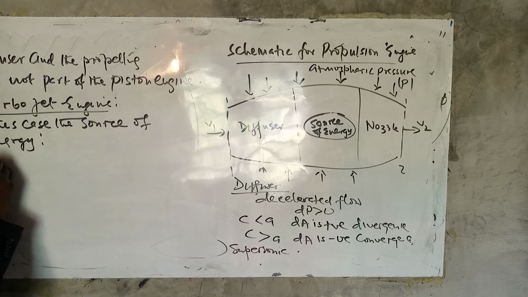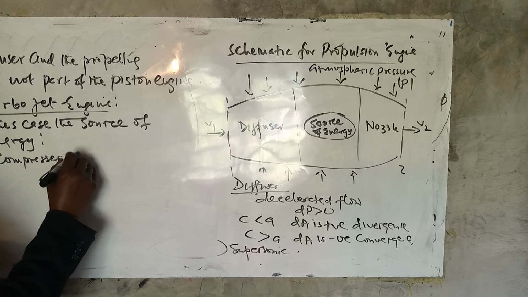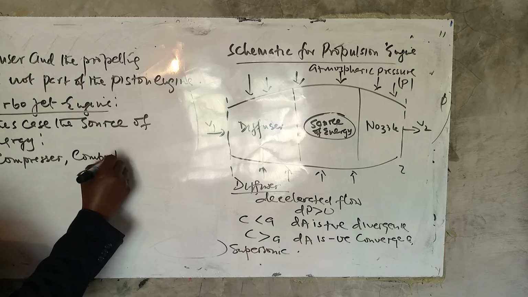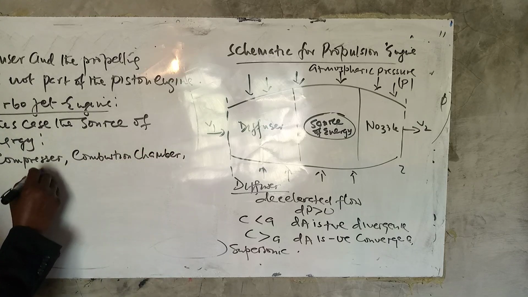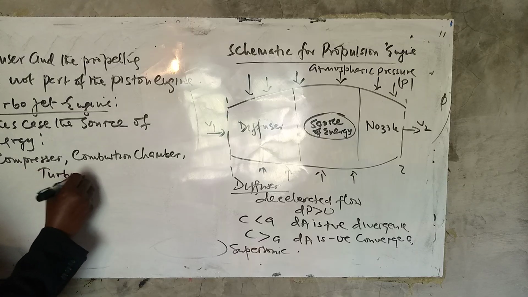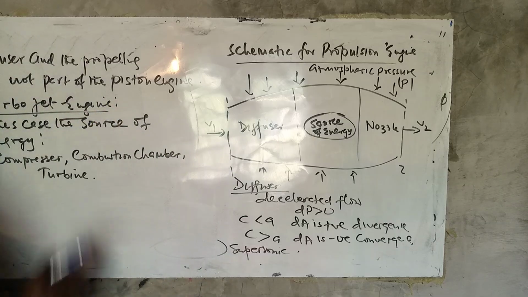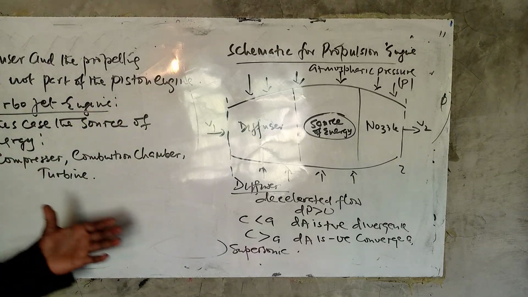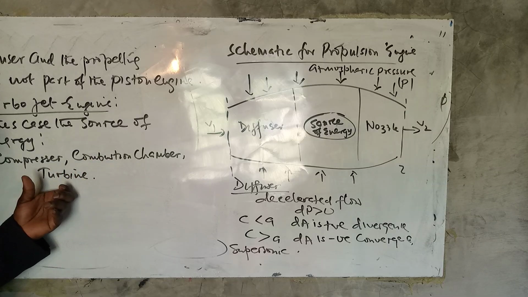Always remember that. That source of energy, in the case of a turbojet engine, is a compressor, combustion chamber, and the turbine.